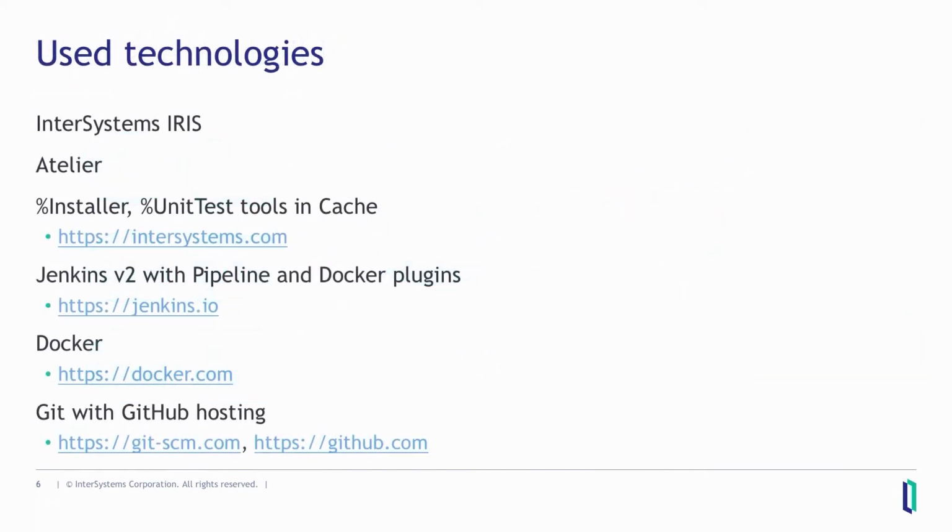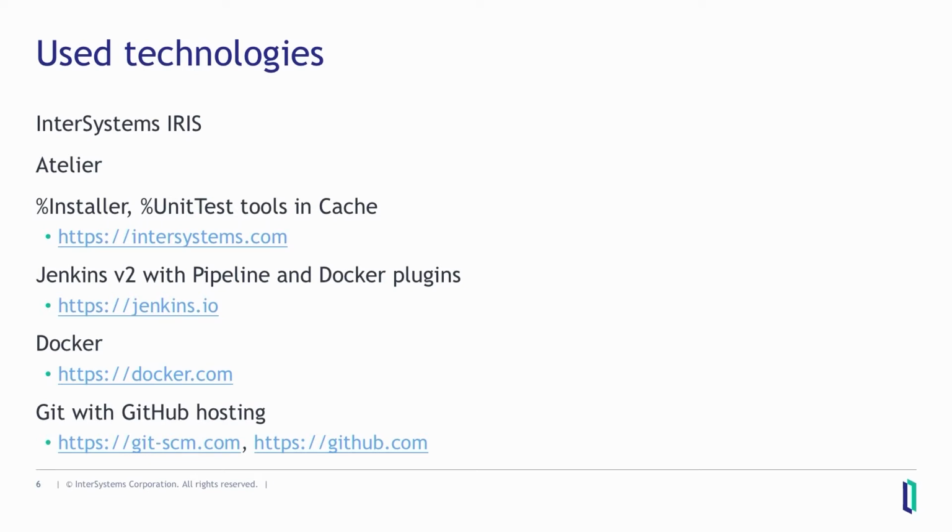So what are we using for this? First of all, it's InterSystems Iris Data Platform. You can actually use Caché, Ensemble, or any other data platform product. We are going to use Atelier, a new development environment. We will use some tools that are built into Caché, like the installer and unit tests. You can download all this stuff from intersystems.com.